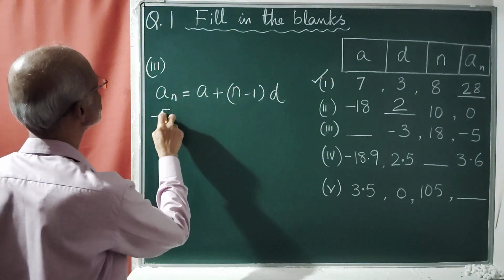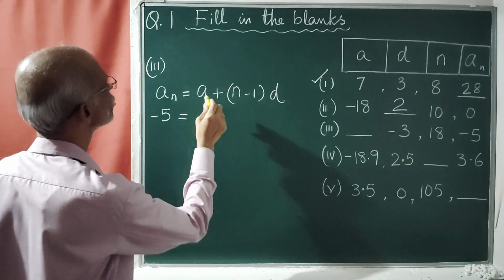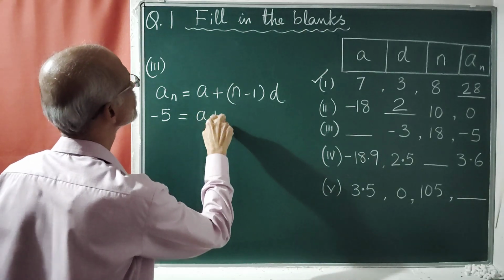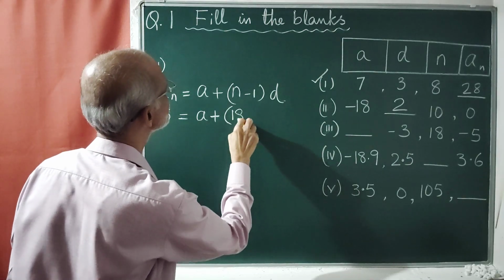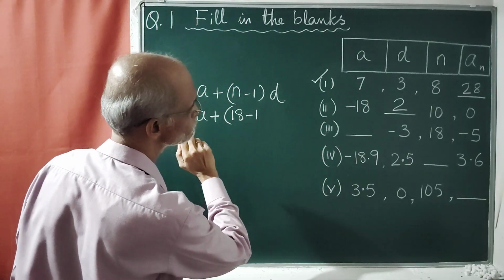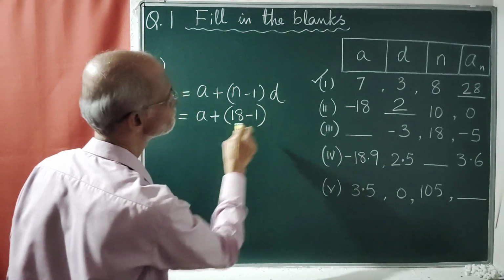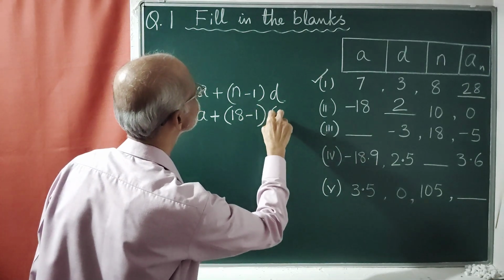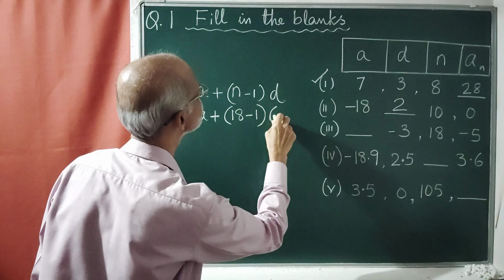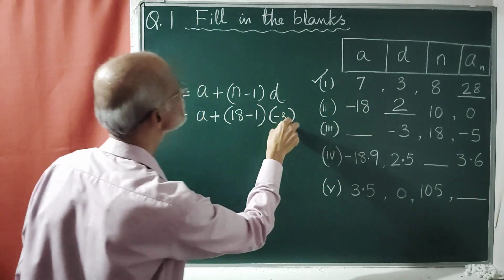So minus 5 is equal to A, we have to find out, plus N is 18, 18 minus 1 into D is minus 3.